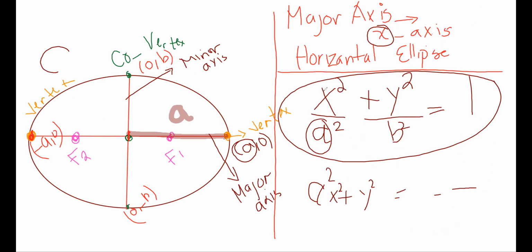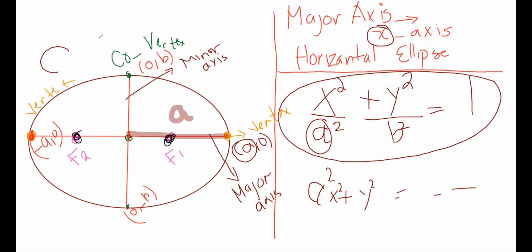Now, as we said, only in the ellipse do we have the foci. The focus will be only on the major axis. Here we have focus 1 and here we have focus 2.